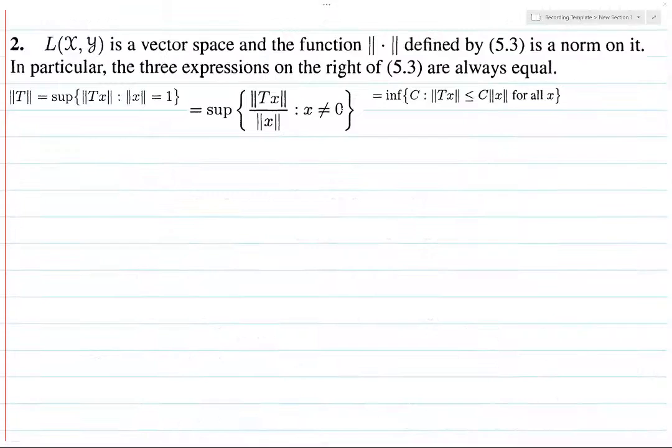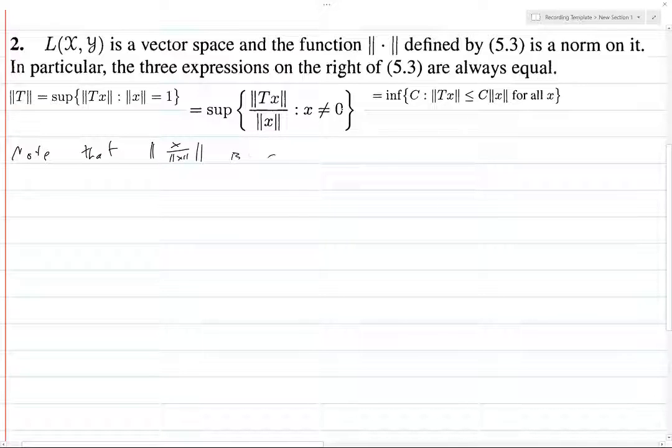Now let's prove that these three expressions are the same. Note that norm of x over the norm of x is defined and equals 1 if and only if x is non-zero.